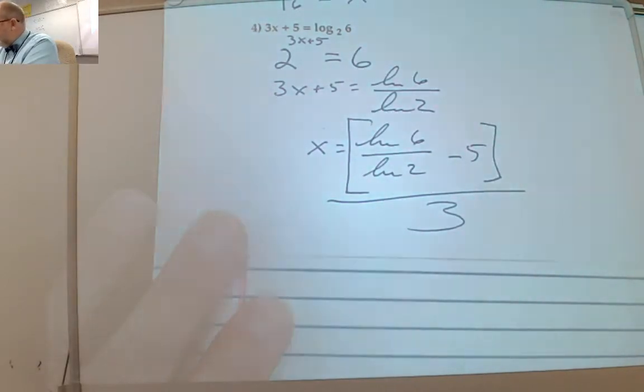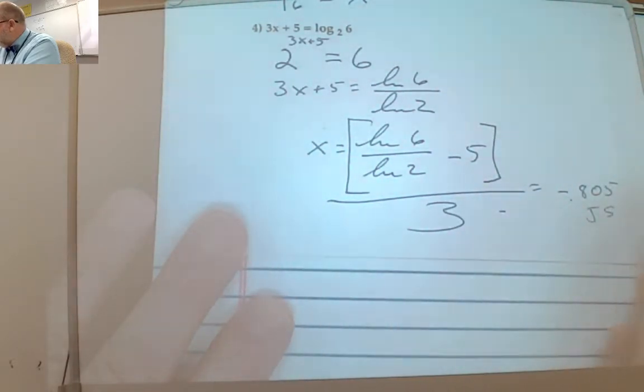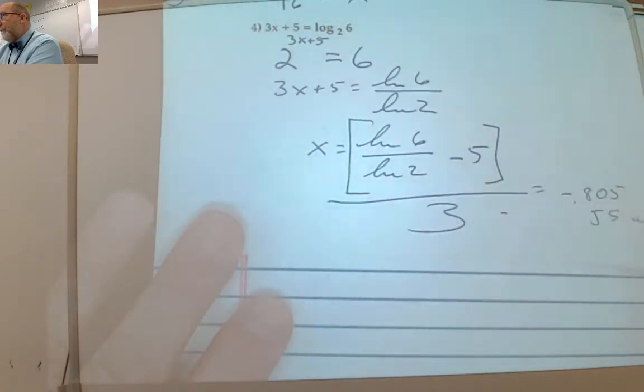Negative 0.805. Okay, that's according to Jacob. Unless people disagree, that's what the answer is going to be. Is that okay? You got it too? Logan, you're not arguing with him, right? Nope. Okay.